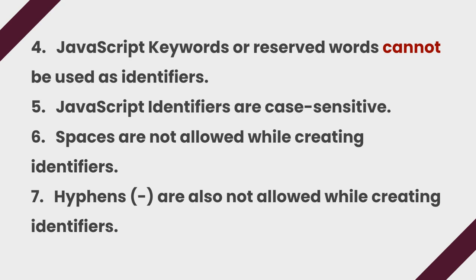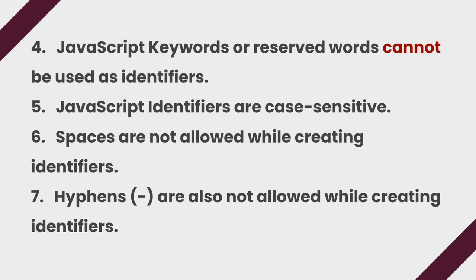Now for the final rule, hyphens are also not allowed when creating identifiers. I think as a substitute for the hyphens, it's always better to use the underscore. But note this, hyphens are not allowed.